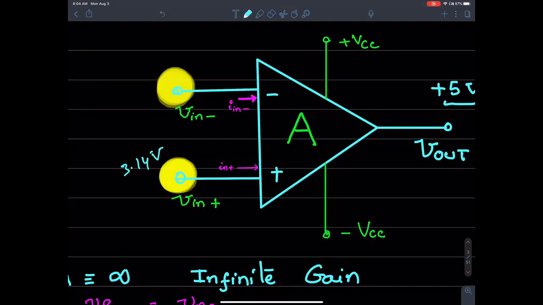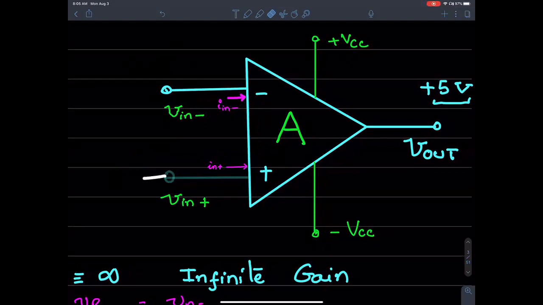If one of these two terminals is 3.14 volts, pi, the other is also going to be 3.14 volts. One is going to track the other as if they're shorted together, as if they're tied together. In reality, they're not tied, but they behave exactly as if they are. That's the idea of virtual short.